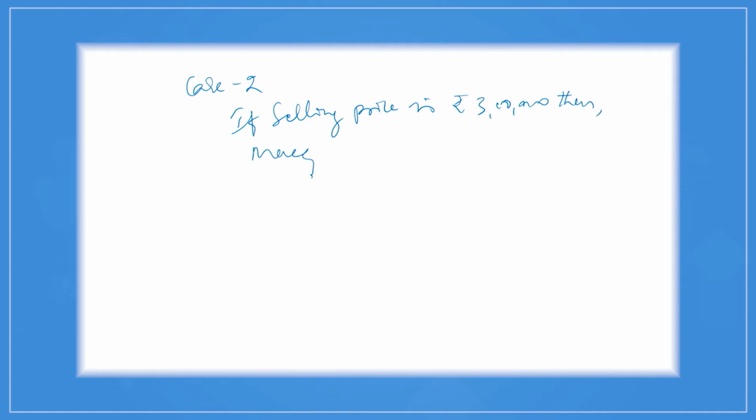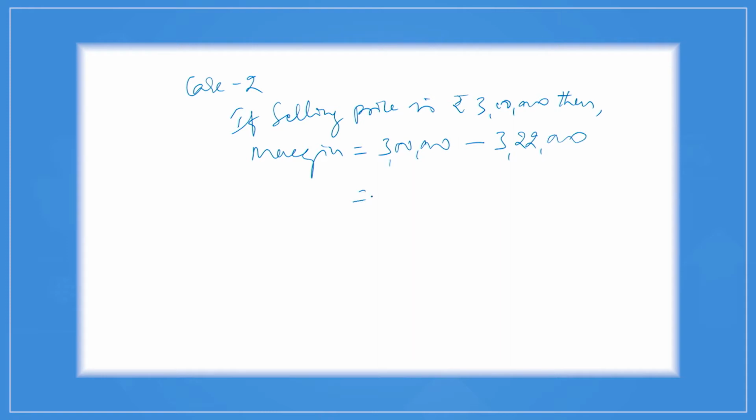Let us consider case 2. If selling price is rupees 3 lakh, then margin equals selling price, that is 3 lakh, minus purchase price, that is 3,22,000.